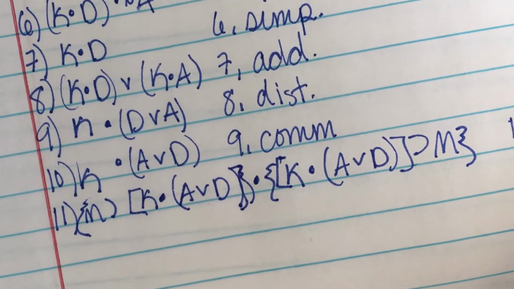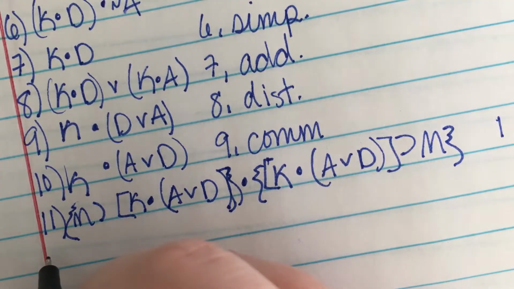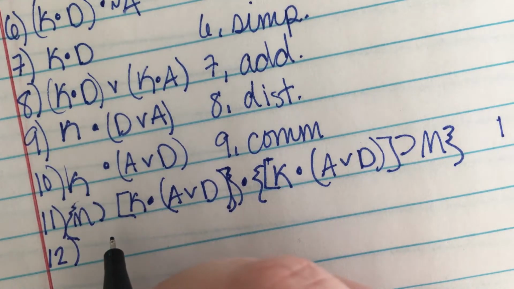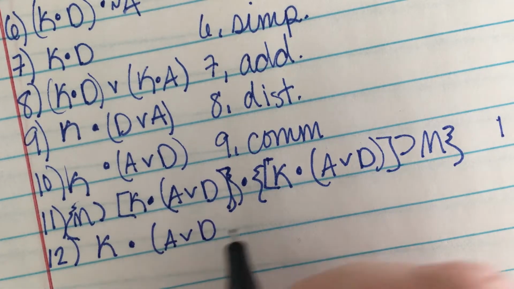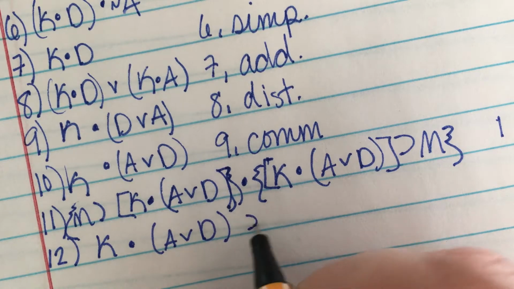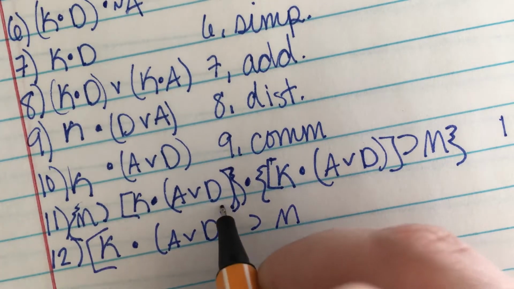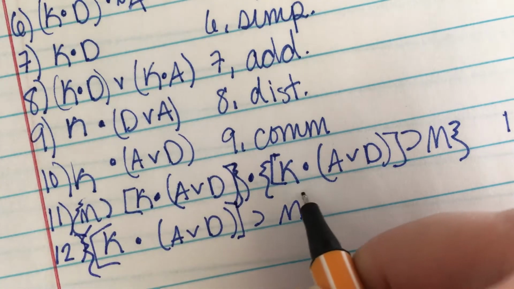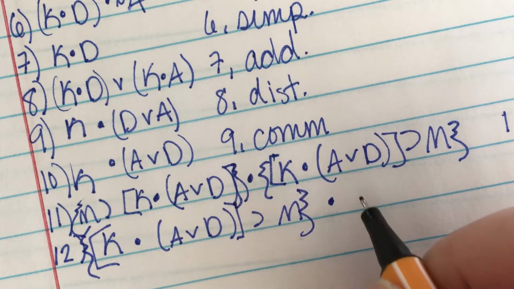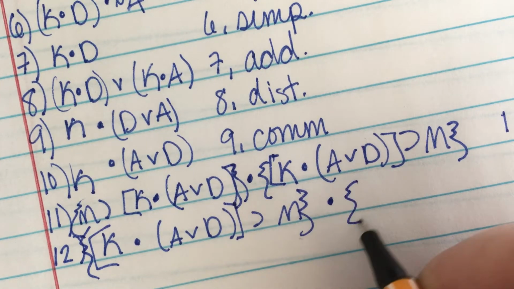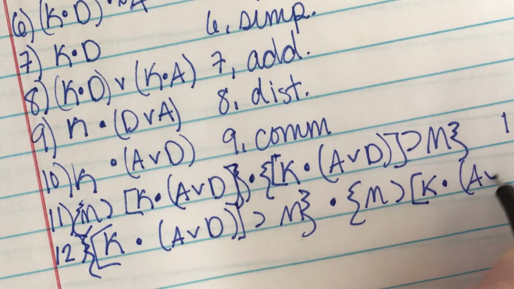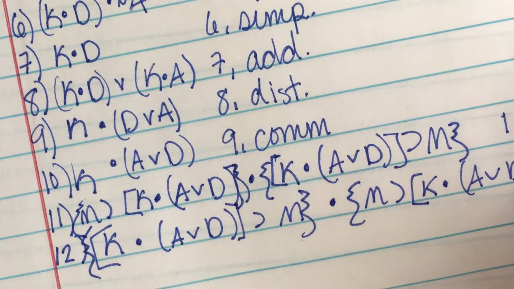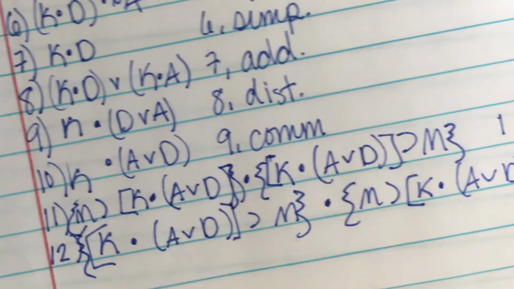So what I'm going to do is I'm going to say if K and A or D, then M, and if M, then K and A or D. See that?